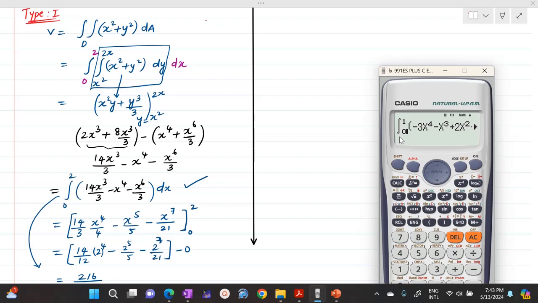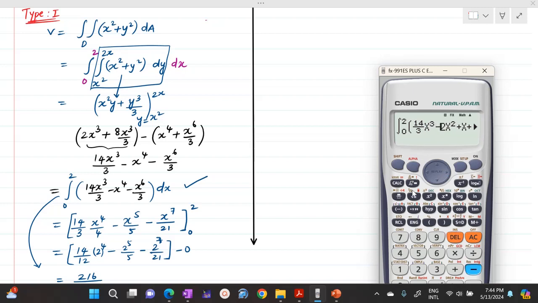Then we will have a function, a fraction 14 over 3 into x power 3.